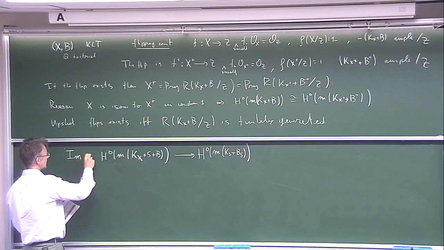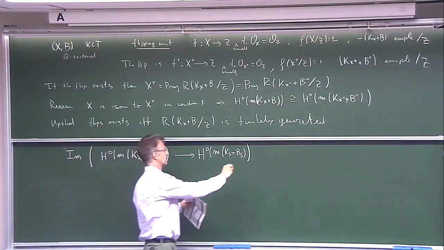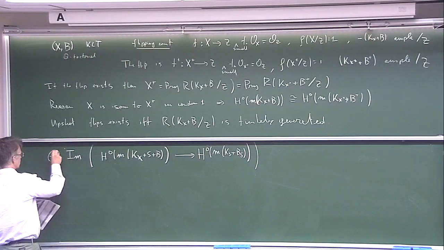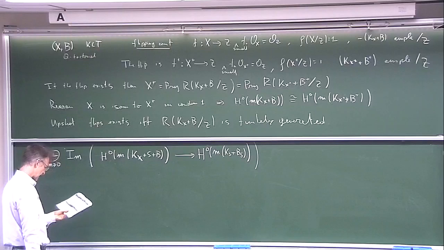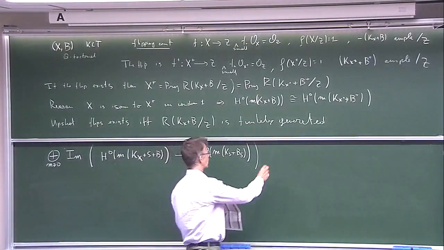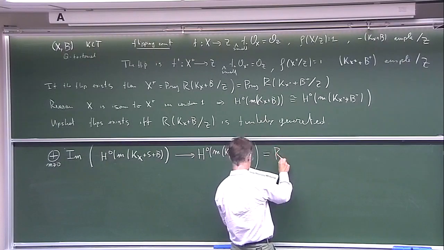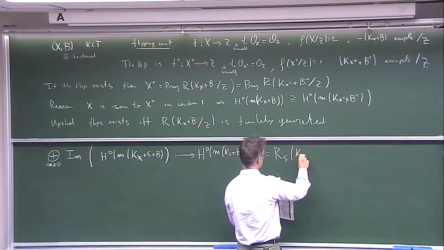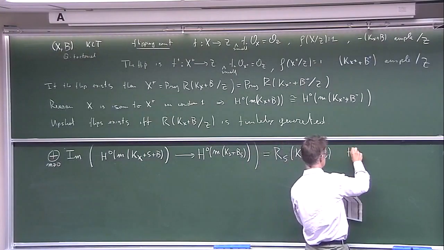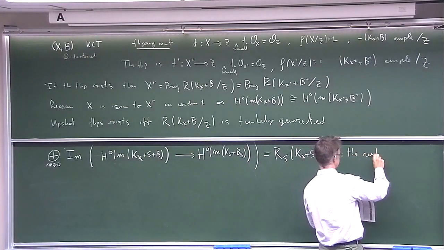So you look at the image of these maps, and you can take the direct sum for every m greater or equal to 0. And this is a fancy object, so you give it a fancy name. We call this R_S(K_X plus S plus B). It's the restricted algebra.